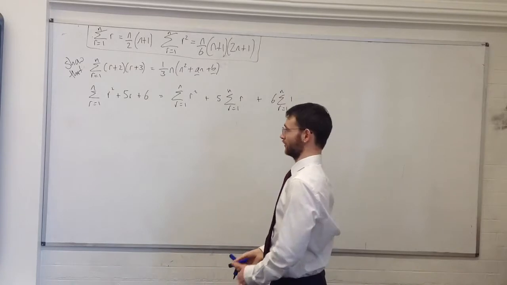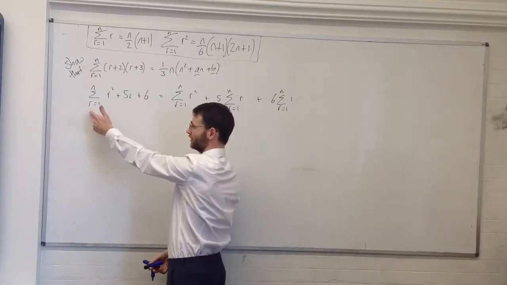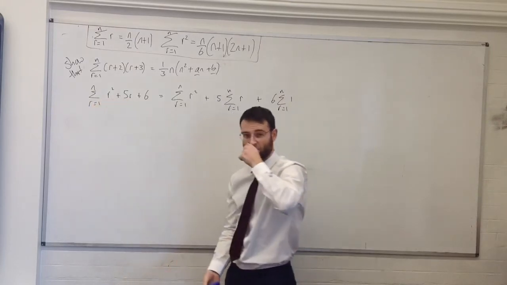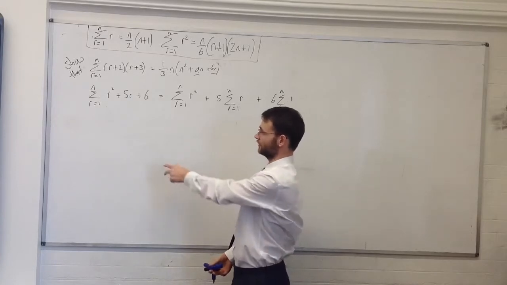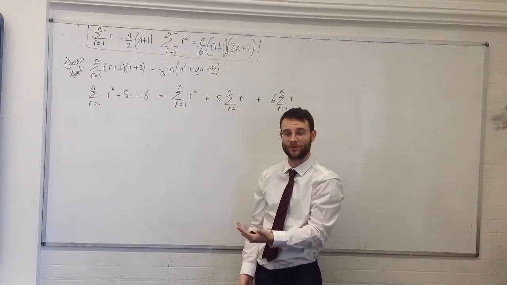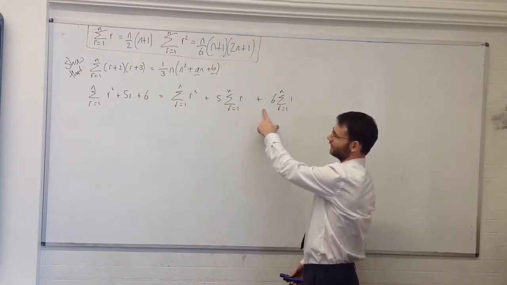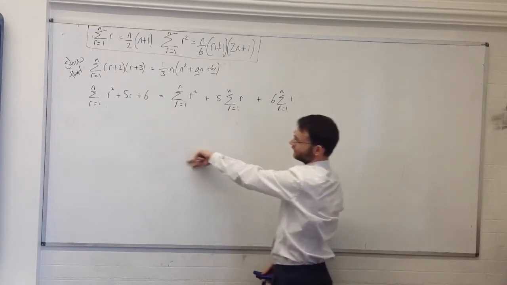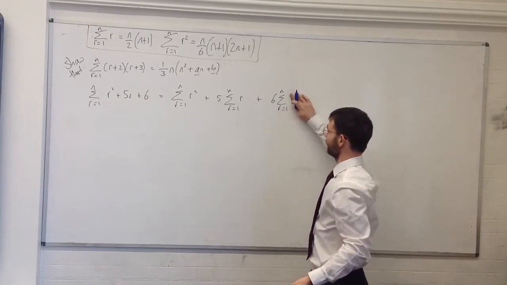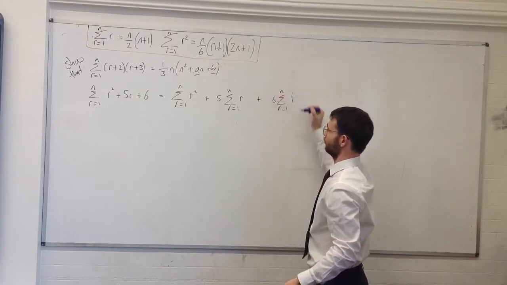Remembering that we can split the summation, it is associative over addition. You just do the sum of the first term and the sum of the second term, and the constants can come out. So 5 outside of the sum, 5 lots of the sum, is the same as doing 5 of each of the terms. And this last one, lots of people forget this last one, is 6. So the sum of 6 is the same as 6 lots of the sum of 1.